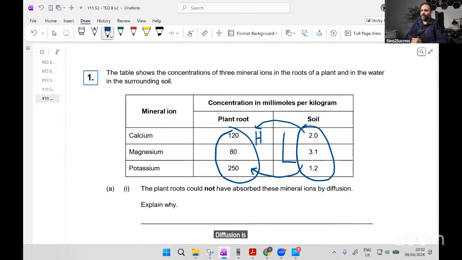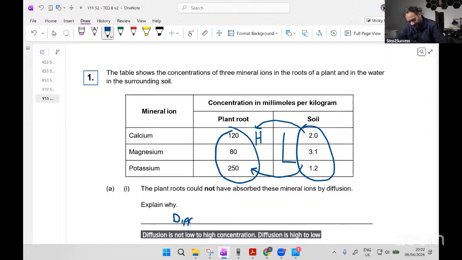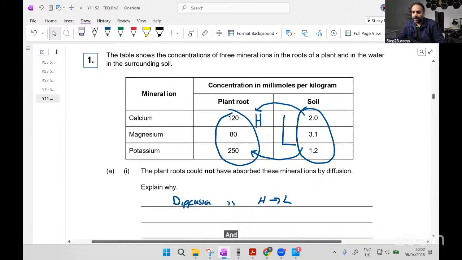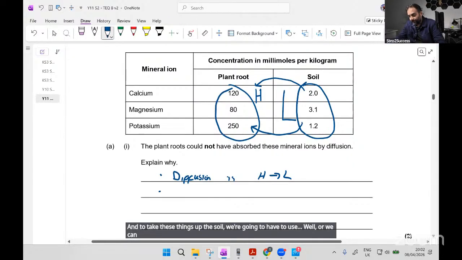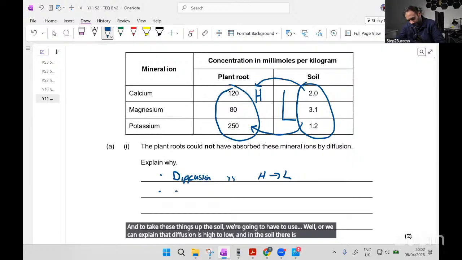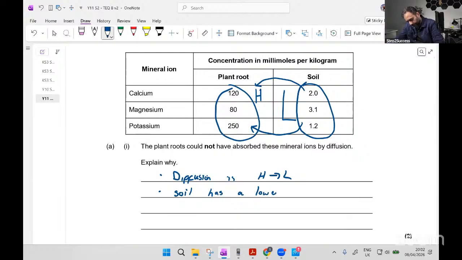Diffusion is not low to high concentration. Diffusion is high to low concentration. And to take these things up from the soil, always explain that diffusion is high to low, and in the soil there is a lower concentration. That's what I would say.